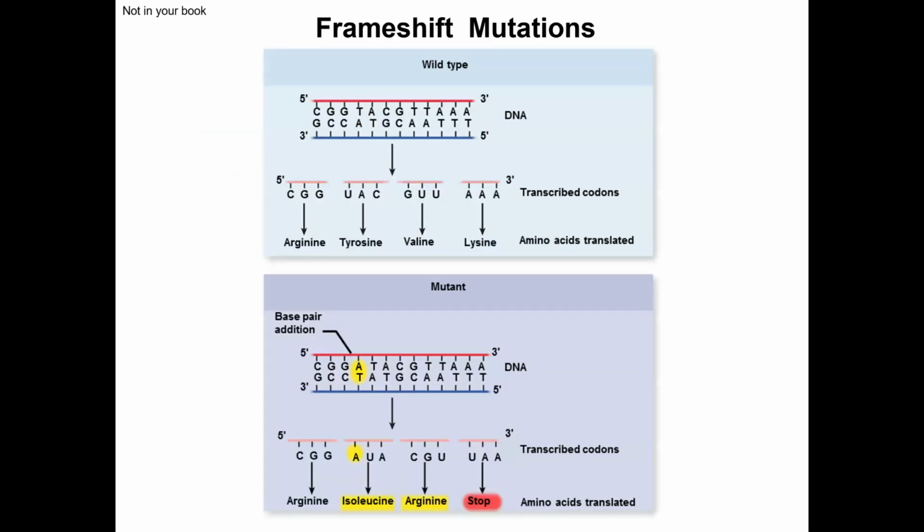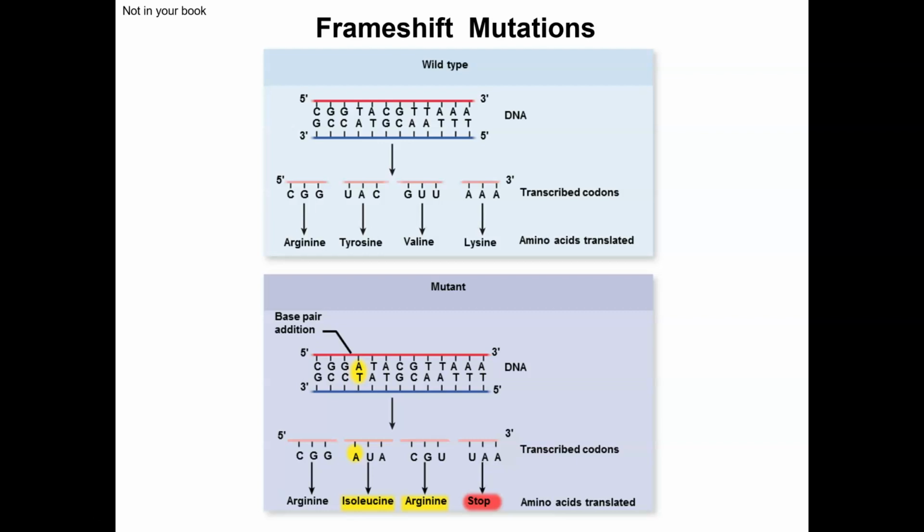All right, so in this example, this is our typical healthy gene. This is our normal set of codons, and you should get arginine, tyrosine, valine, lysine. But let's say we push them down by 1 at this point. So we had an AT where there wasn't an AT. Everything from that point down is shifted by 1 nucleotide.